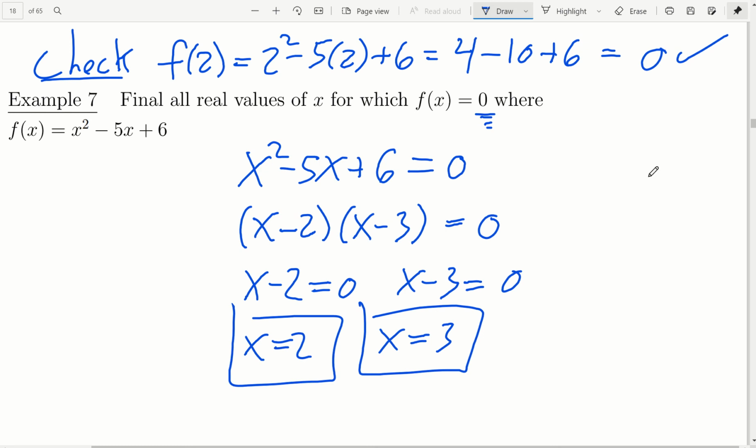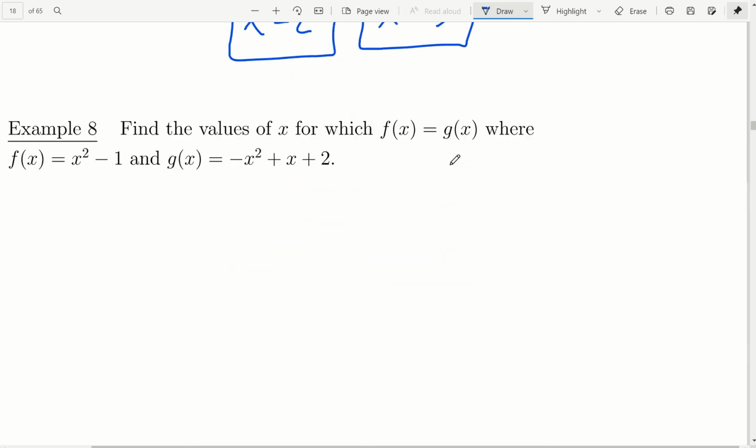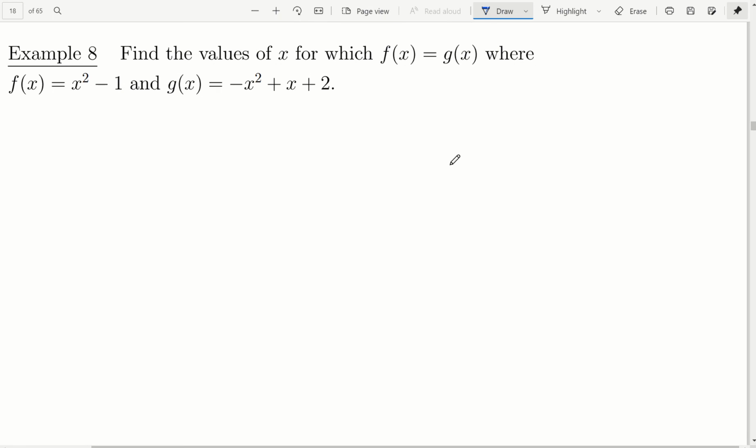So there'll be many different instances where we want to solve for the zeros of a function. That simply means setting its equation equal to 0 and then solving the resulting algebraic equation. We also might want to know where two functions have equal outputs.